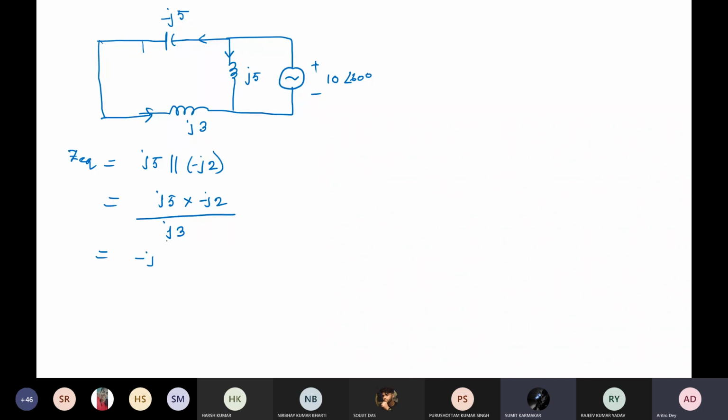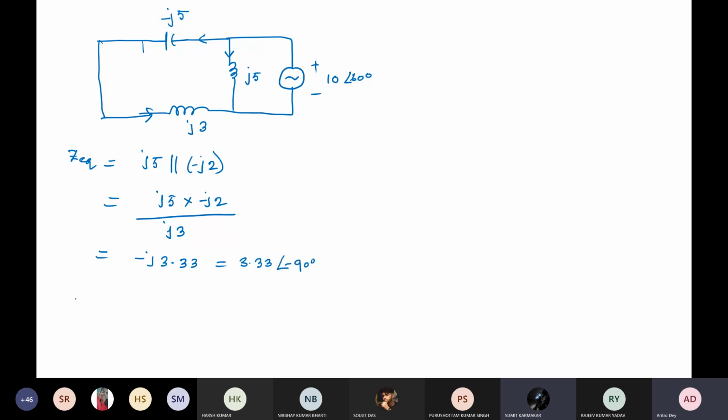This is how much? 10 by 3. And it's supposed to be 3.33. Okay, got it. So this is how we get your Z equivalent. So once you get that, we can write it as 3.33 angle minus 90.